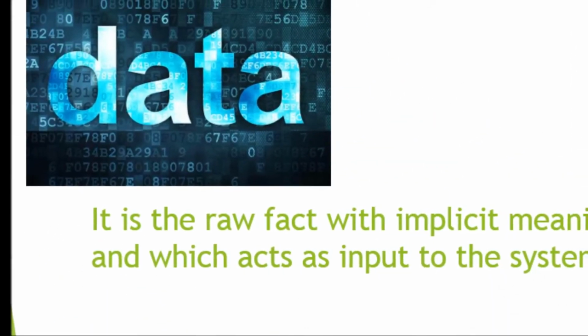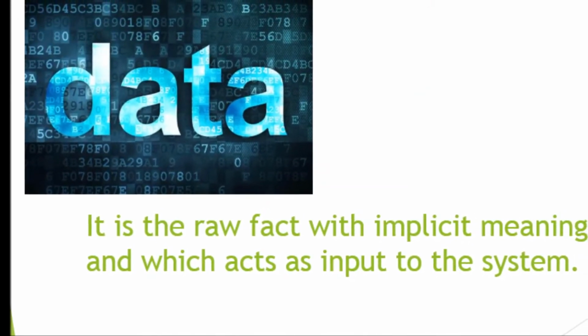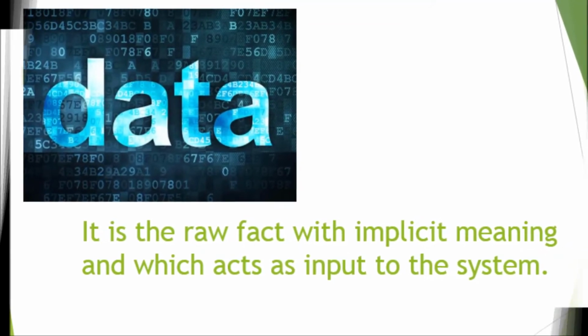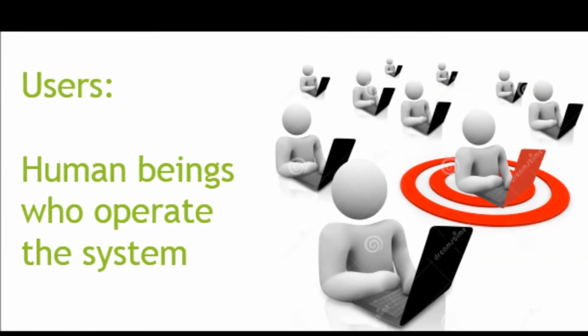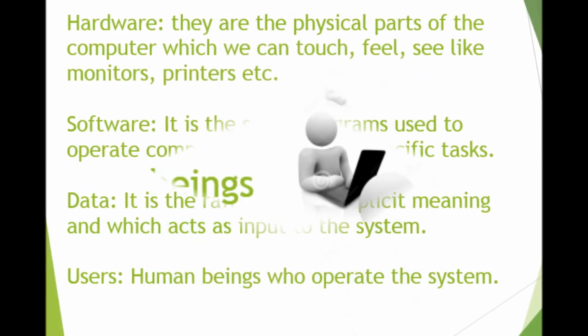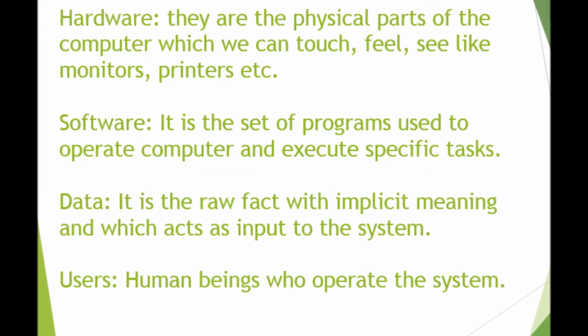Data? It is the raw fact with implicit meaning, many meanings, and which acts as input to the system. And who are users? Me and you, human beings who operate the system. Now if you are thorough with these definitions, we can move further to the block diagram of the computer.